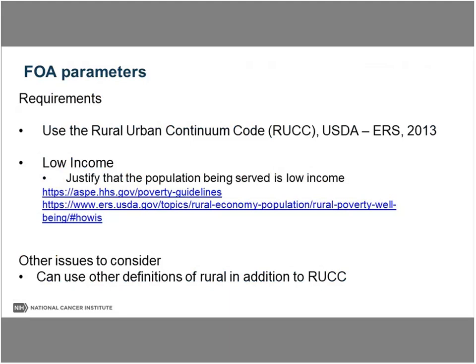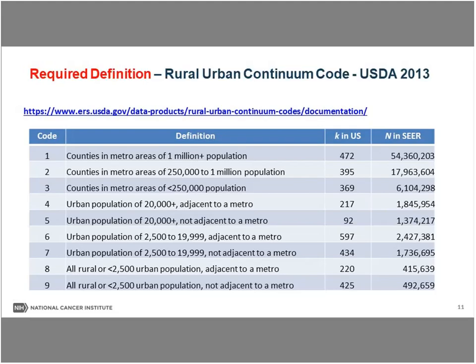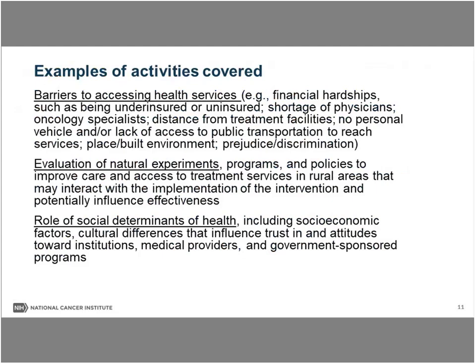So I want you to take a look at those because people have come back to me and said, well, my population here is about $80,000 a year and that is low income for this area. I don't think according to the ASPE definitions and the USDA definitions and the US Census definitions, that really falls under the low income category. So I would recommend that you take a look at those websites.